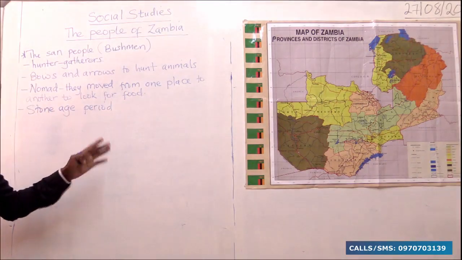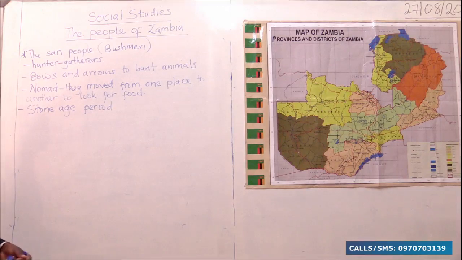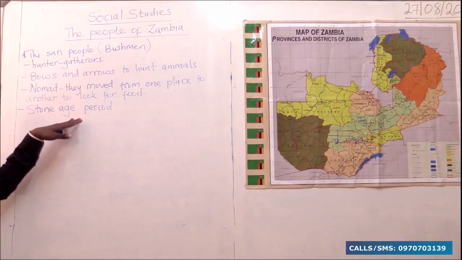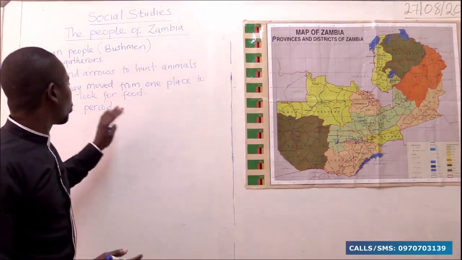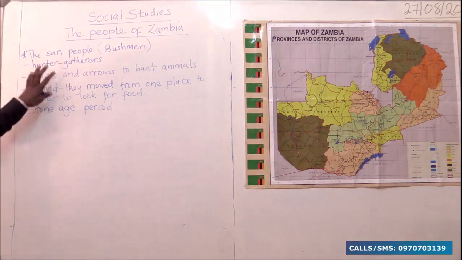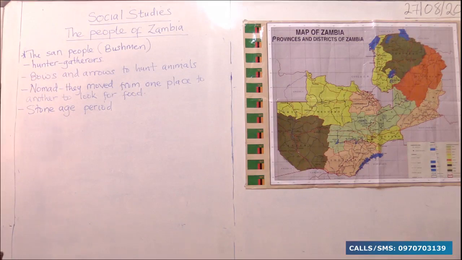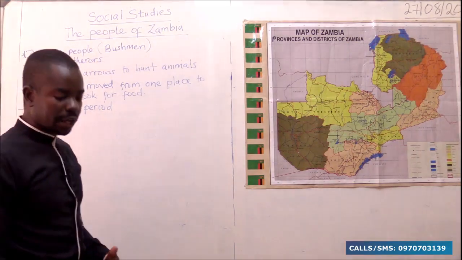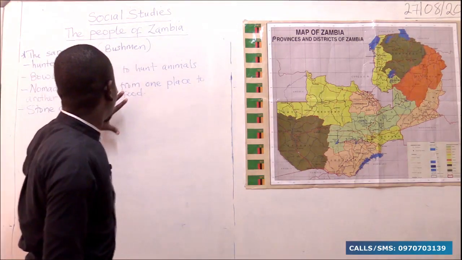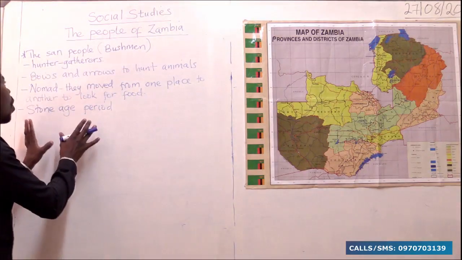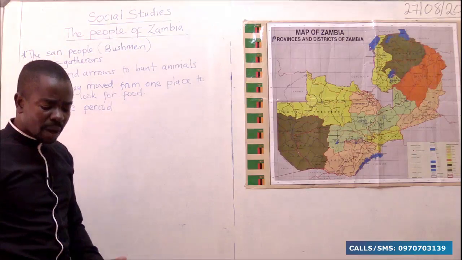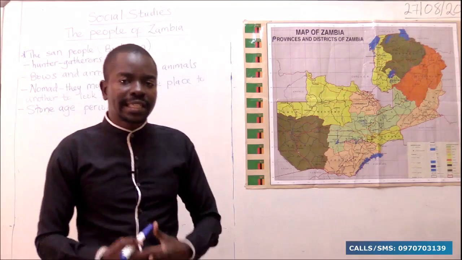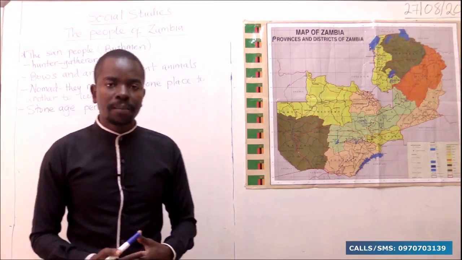They used stones such as pebbles to cut meat, and they could even use them to kill animals. So the San people lived in the Stone Age period. Okay, so this is all about the Bushmen, boys and girls.